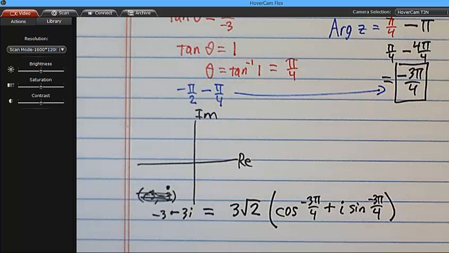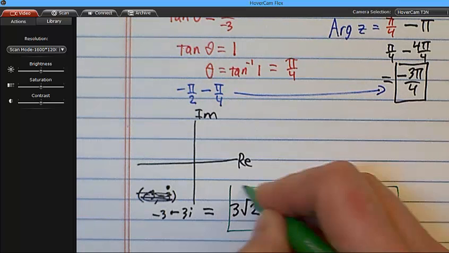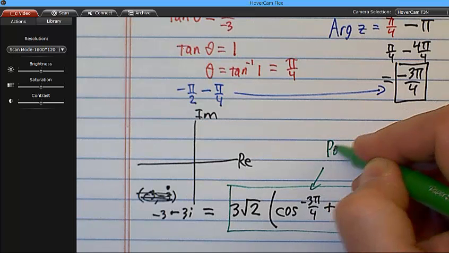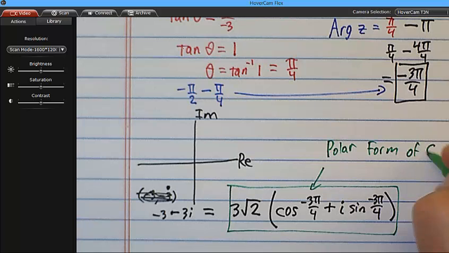And again, this is what the book calls the polar form of the complex number.